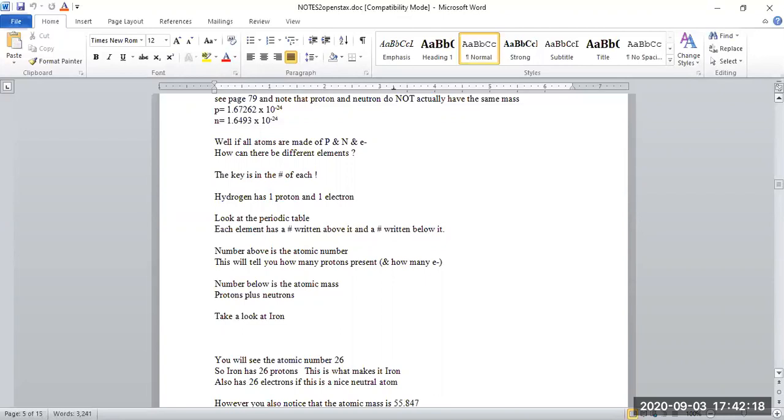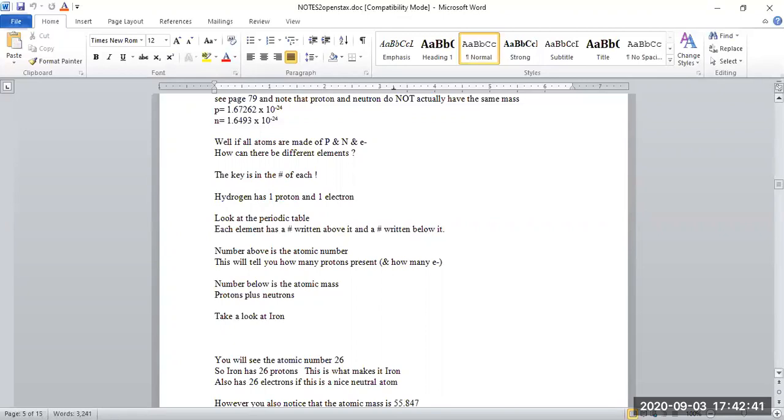So when you're looking at the periodic table, if you look at one of the boxes, in addition to the symbol, 1 or 2 letters, you also see a number written above it and a number written below it. Usually one of those is a whole number, and most of the time one of those is a decimal number.